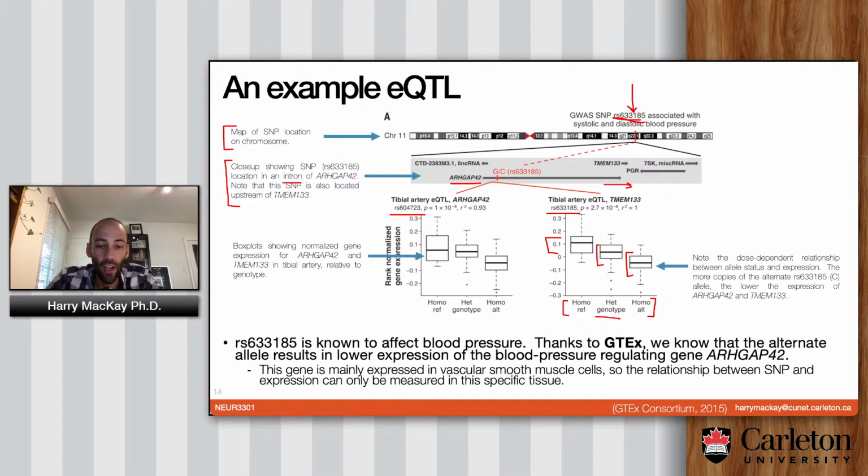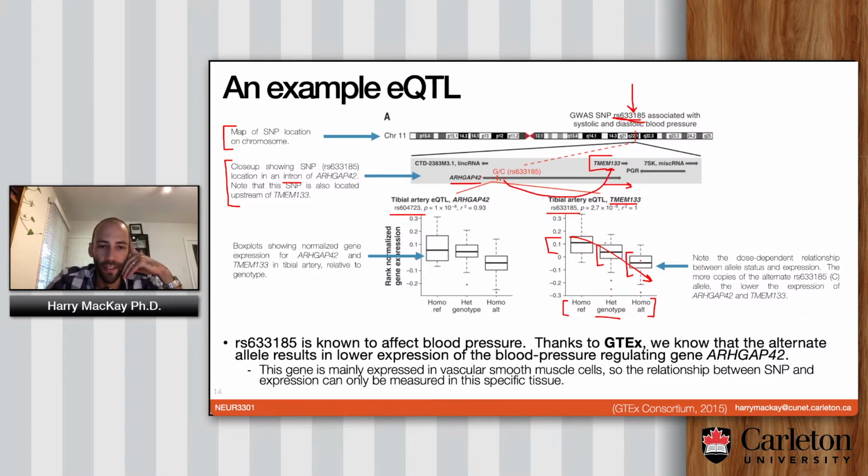Depending on which of these genotypes you have, the expression of this gene, TMEM133, is decreased. So if you're homozygous for the alternate allele, you've got lower expression than if you're homozygous for the reference allele. Note that TMEM133 is located right downstream. So it's actually the case that this variant influences the expression of TMEM133.